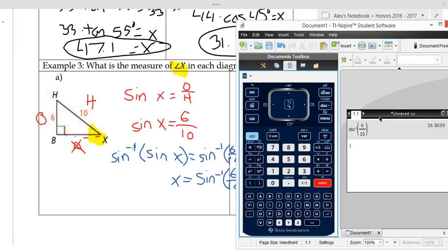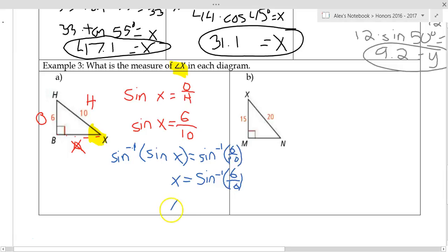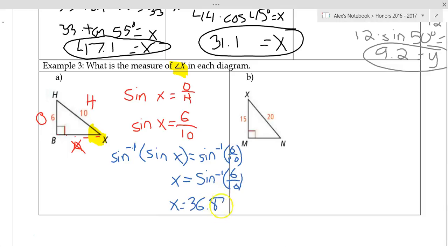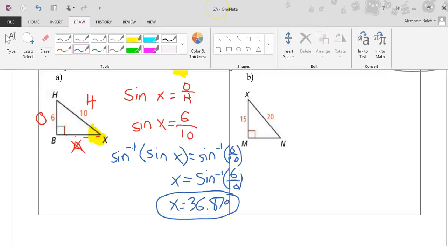So your x equals 36.87 degrees. This is an angle, so it should be in degrees. And that's it there. So we're still just solving for x, but we really do have to be aware of that inverse of our trig function.